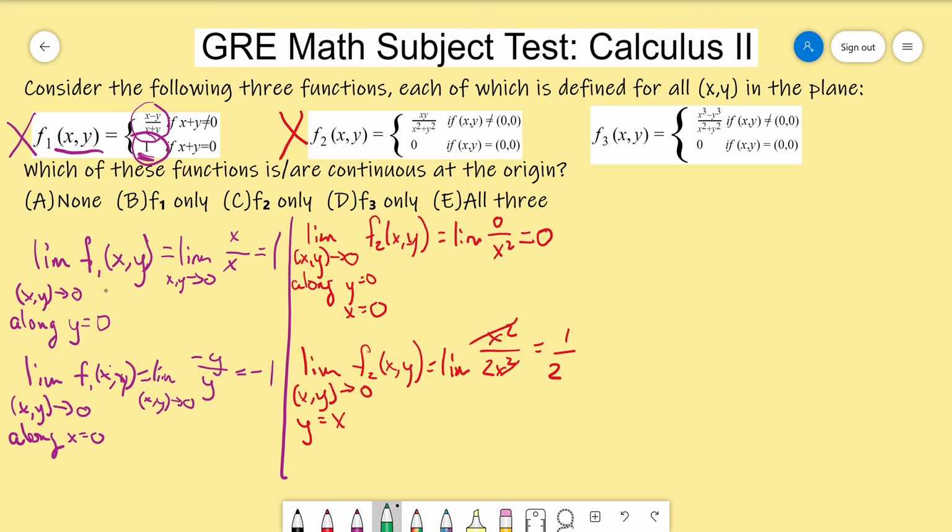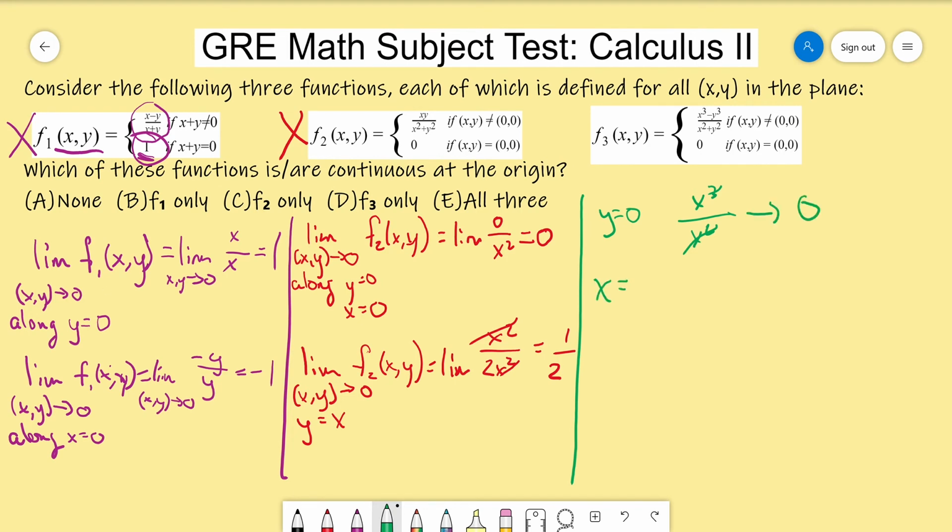Alright, well, let's take a look at f3. For f3, let's try the same things we tried before. If we plug in y equals 0, then we'll get x cubed over x squared, which cancels and you get x. So as you approach 0, this is going to go to 0. So that looks good.